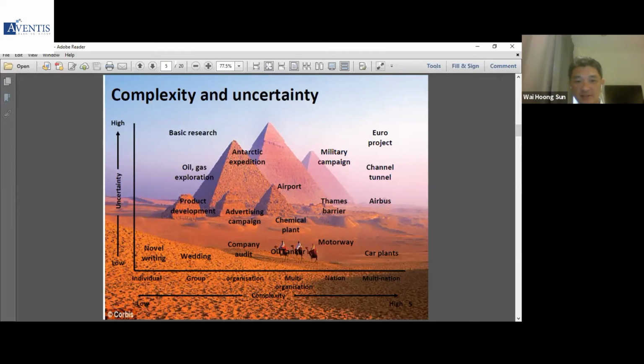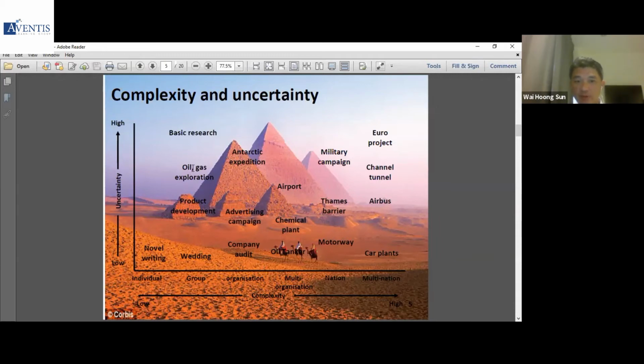If you look at this group wedding, it has been done before many times. Product development is a bit higher on the uncertainty level. It has been done before somewhat, but maybe there's some risk in this project that needs to be overcome.